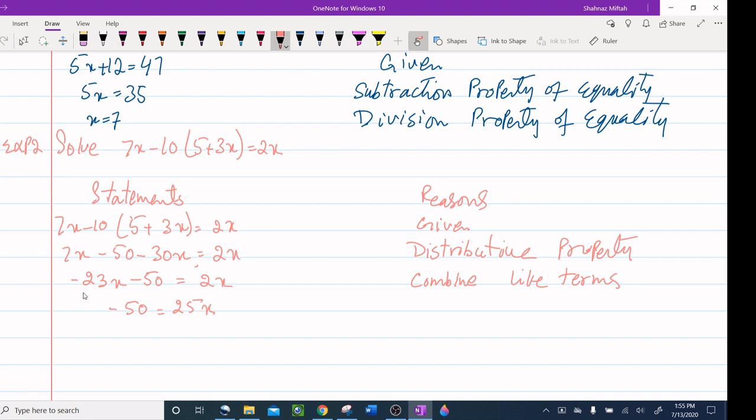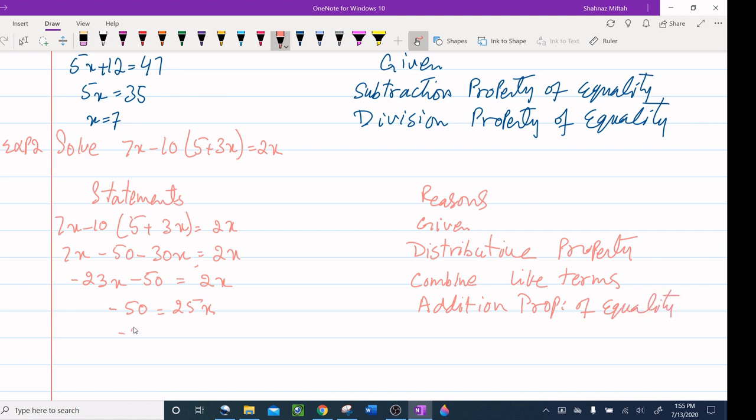They added 23x both sides, because 23x and 2x are like terms. And jumping over the equal means you have to use opposite operation. So I got 25x, which means what happened here? Addition property, because I added 23x, addition property of equality.